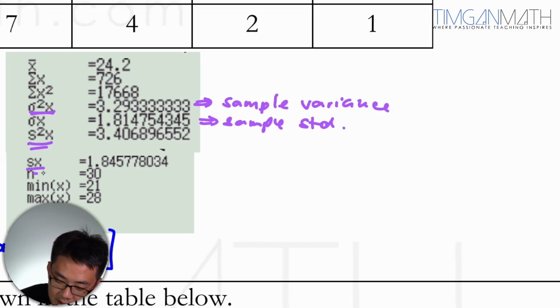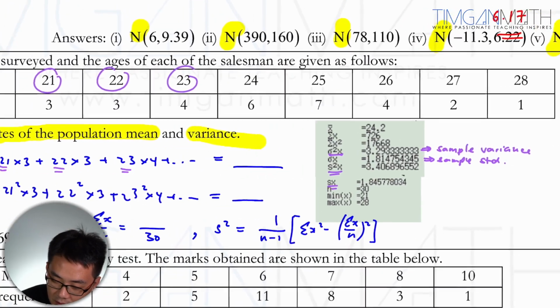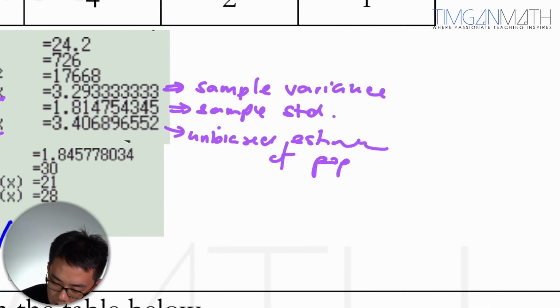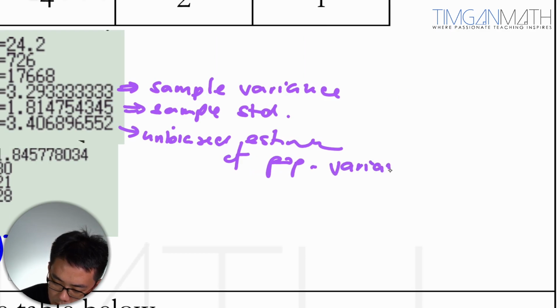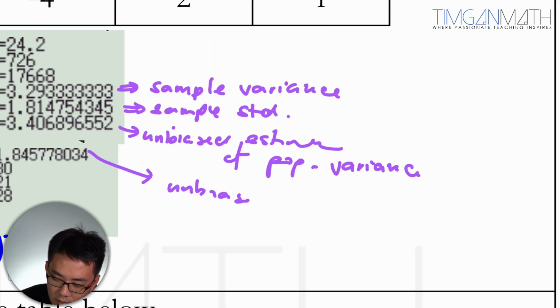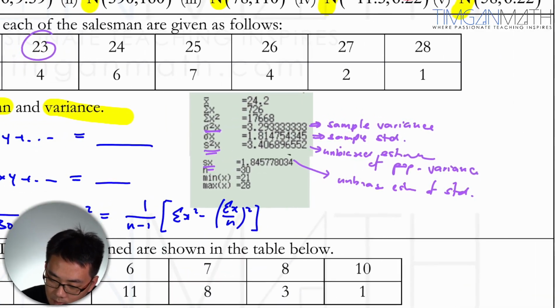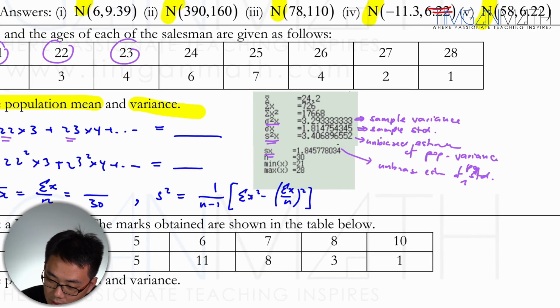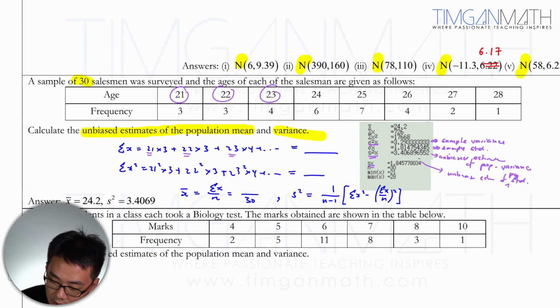This is the unbiased estimate of population variance. This is the unbiased estimate of population mean. Of population standard deviation. Okay. Look at the symbol there. That's all there. So then you just need to key everything in now.